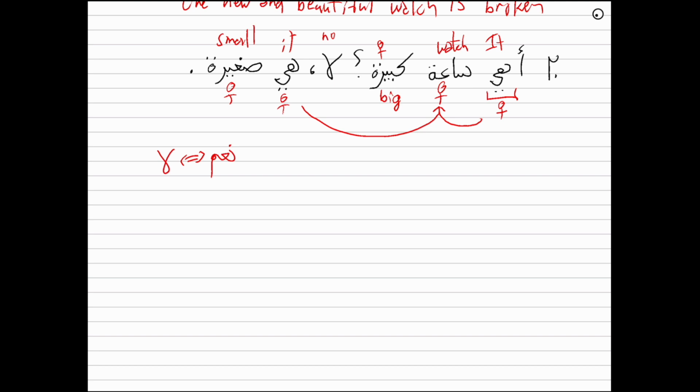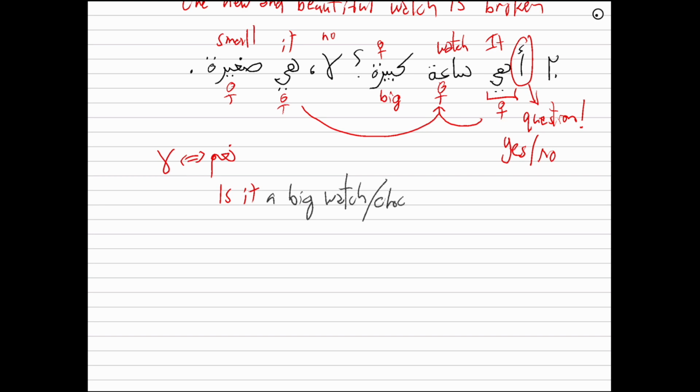They agree with each other in gender because sa'a is itself feminine, and so this watch takes on the she form, the she pronoun, hiya. And remember, this indicates a question being asked that expects a yes or a no. It's a yes or no question. So we can say, is it a big watch?